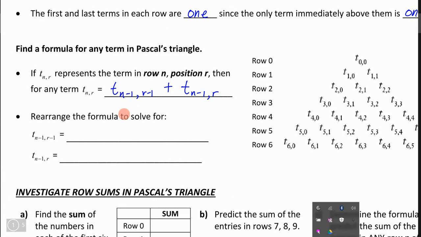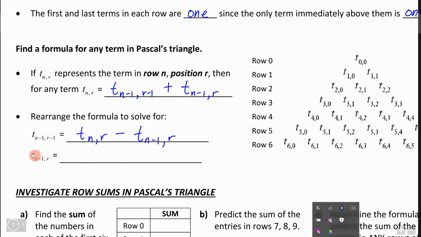Now I can rearrange the formula to solve for those two other terms. If you're given the term at the bottom, you can rearrange it to get t of n, r minus t of n minus 1, r, and that's how you find the term on the left.